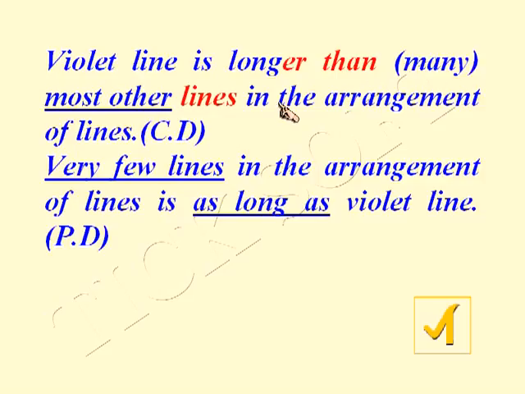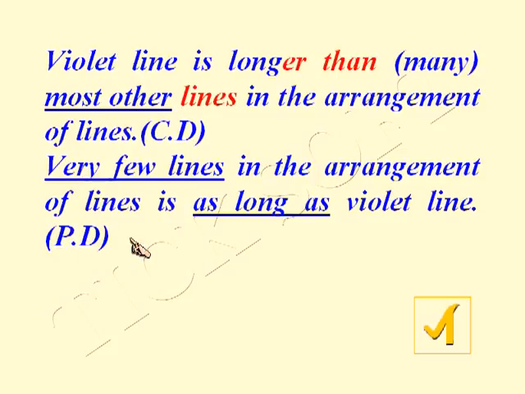Lines plural, many other you can use or most other you can use to modify the superlative degree into comparative degree. And then in the arrangement of lines is the system. So we have to make use of this information in this particular sentence. Violet line is longer than most other lines in the arrangement of lines.